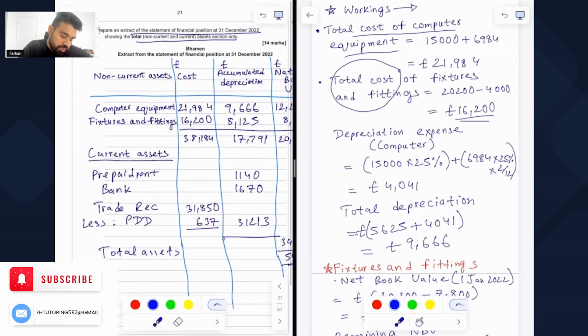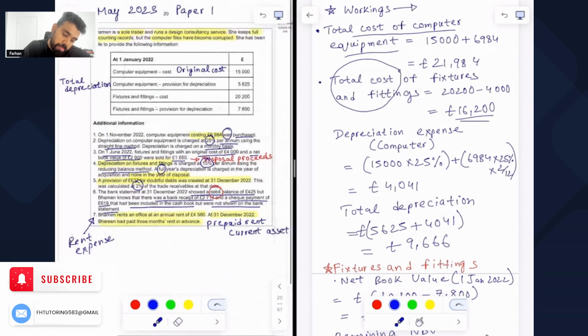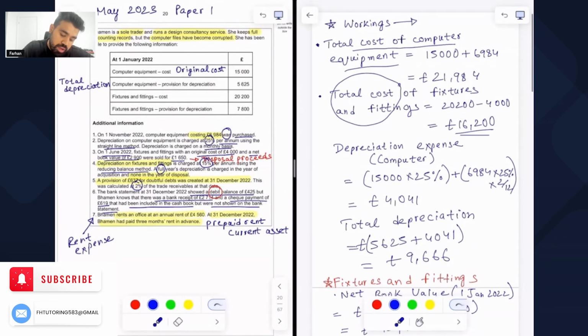So for the first group of assets, which is the computer equipment, if I want to find the total cost, I'll start with the £15,000 that we have been given at 1 Jan 2022, and then I add £6,984, which is the new computer equipment that we have purchased.